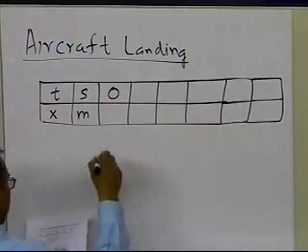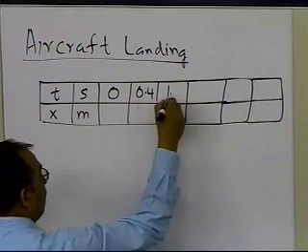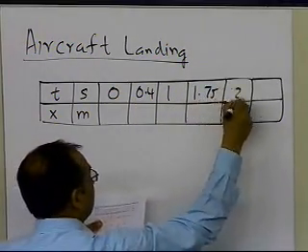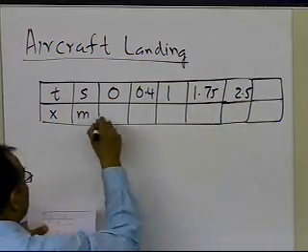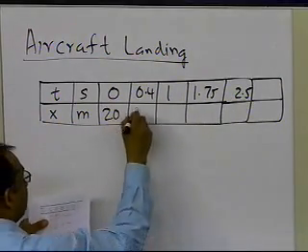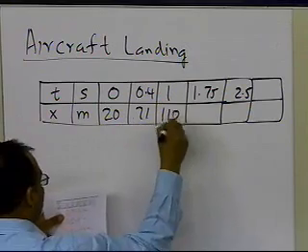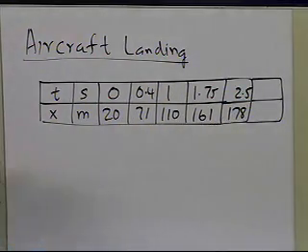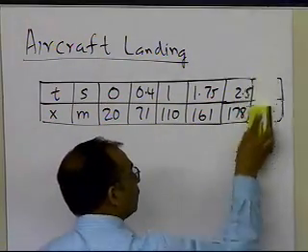So you have times 0, 0.4, 1, 1.75, and 2.5. The value of x is given as 20, 71, 110, 161, and 178. So that's where you are on the runway at different times.